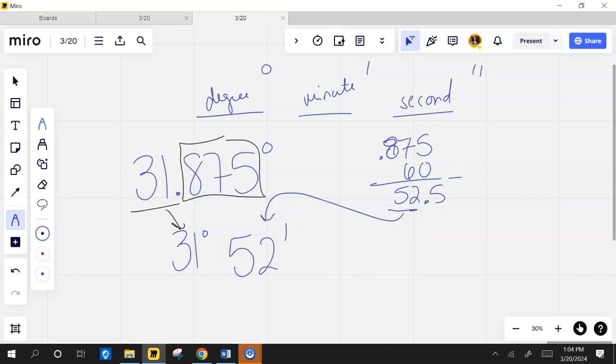Then the 0.875, I multiply by 60 because there's 60 minutes in 1 degree. That gives me 52.5. I take the whole number off again, leaves me the decimal of 0.5, and again multiply by 60. And that tells me the seconds.